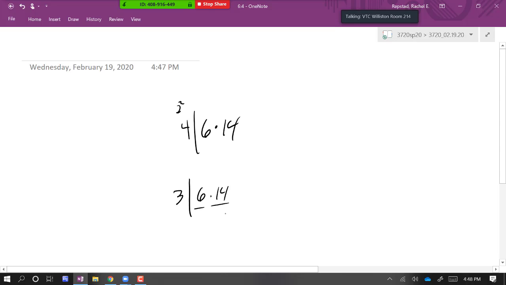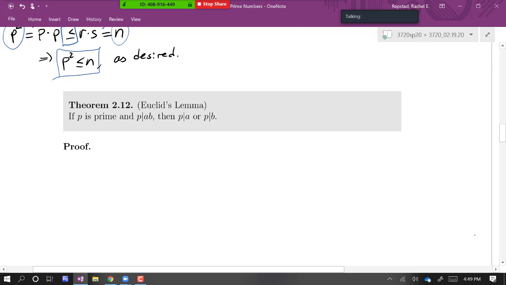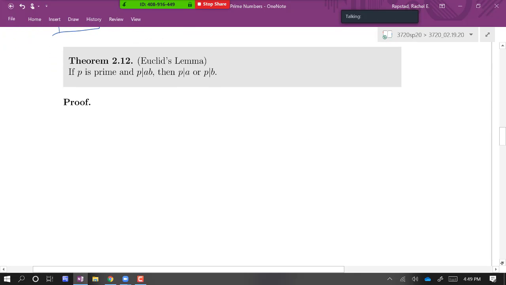Like 3 divides 6 times 14 because 3 divides 6. So if you have a prime that divides a product, the only way that happens is if that prime number divides one of the factors in the first place. And we're going to prove it. So let's suppose that p divides ab.